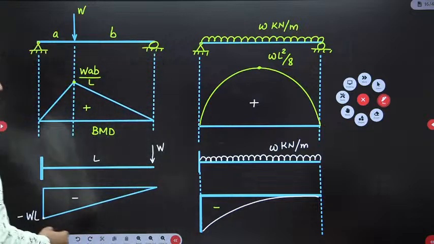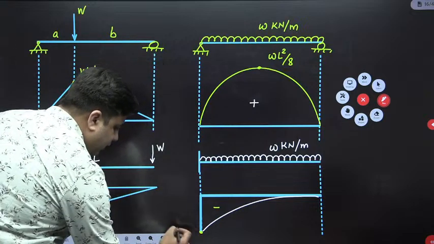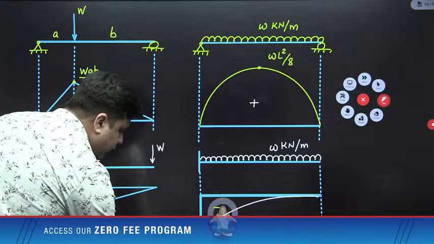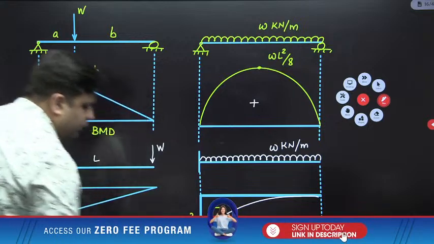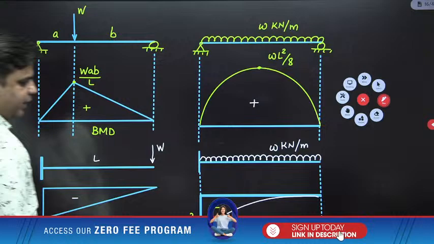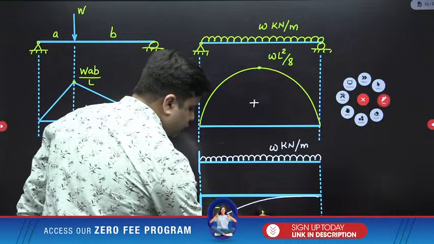The maximum bending moment will be minus W L square upon 2. All these are the bending moment diagrams for the standard cases that you should remember.